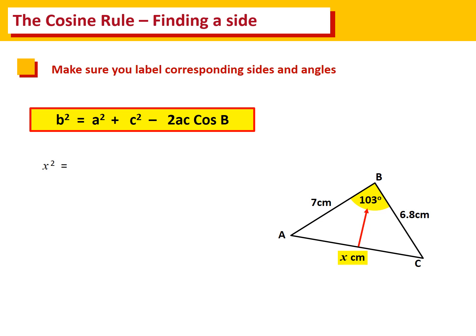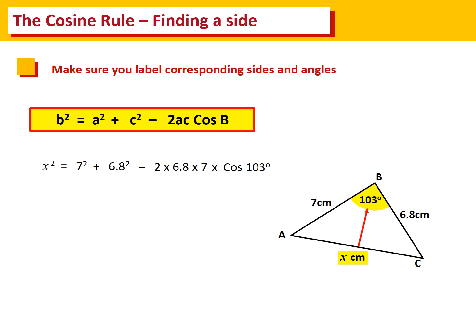The other two lengths, a squared plus b squared, are just the other two lengths given to us, in this case 7 squared plus 6.8 squared, minus 2ac, which is just twice times the other two lengths, and finishing off with the cosine of the angle opposite the length x, so that was cosine 103 degrees.